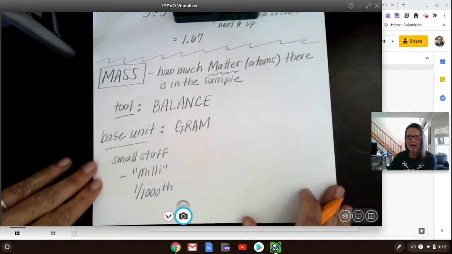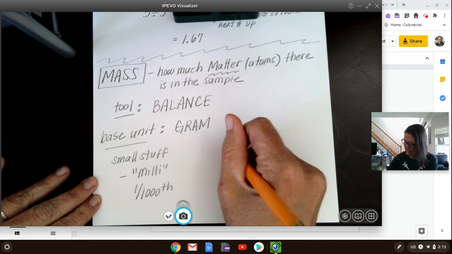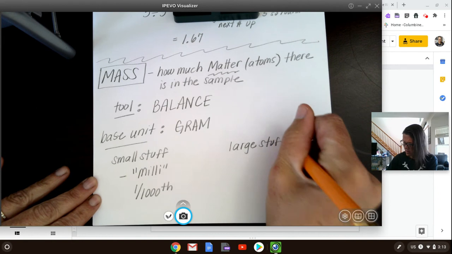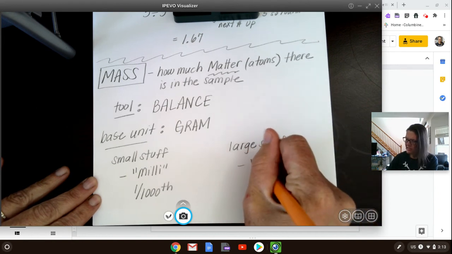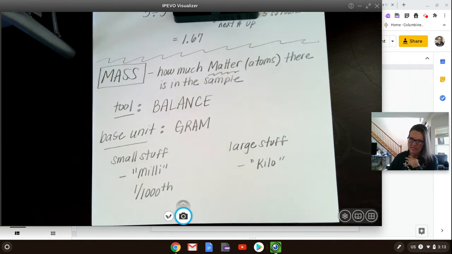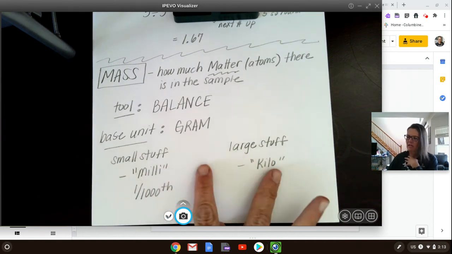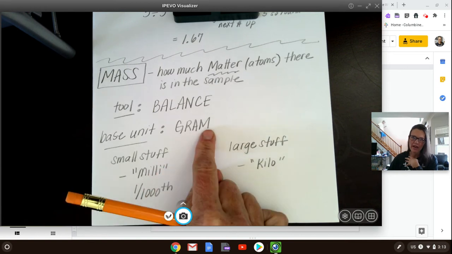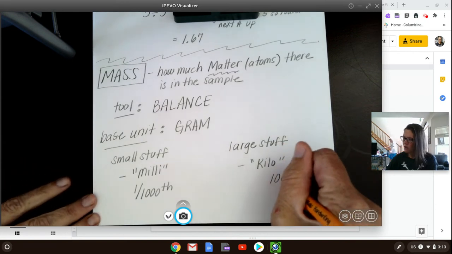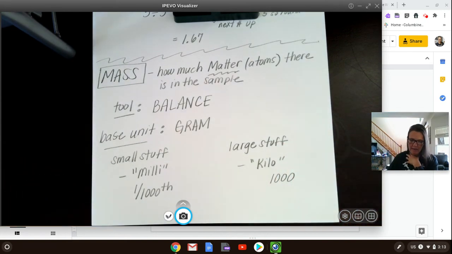Now, if you're talking about large things, then you're going to use the prefix kilo. Now, one of the many things that I love about the metric system is that we can take these prefixes and we can apply them to other base units. So the gram is for mass, but if we were talking about volume, then you could use like a milliliter. That's the base unit for a liter, which we'll talk about momentarily, okay? A kilo refers to 1,000, okay?